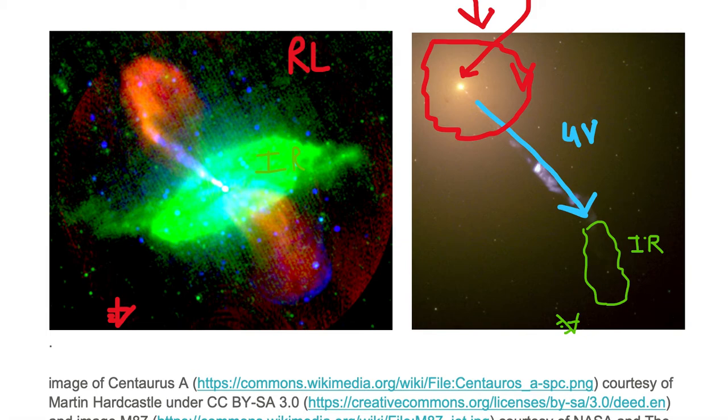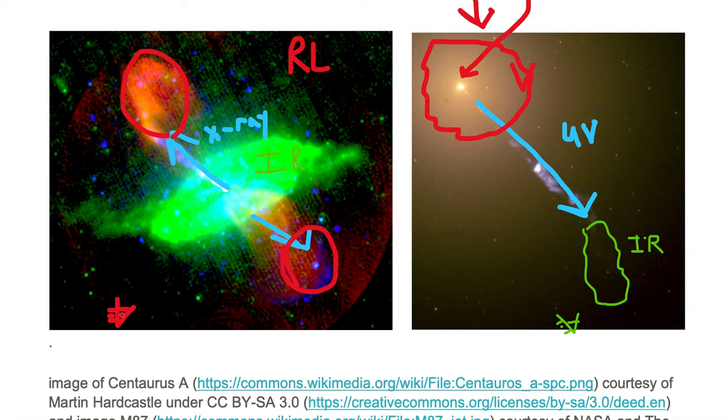We see a jet portion almost perpendicular to our line of sight in blue, and that's emitting in UV and X-ray. And we also see radio lobes, hence the name radio lobe galaxy. The lobes are artificially colored in red.